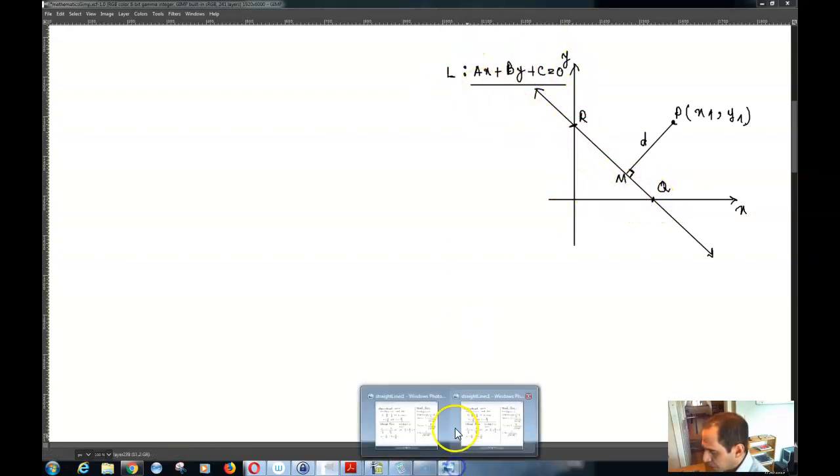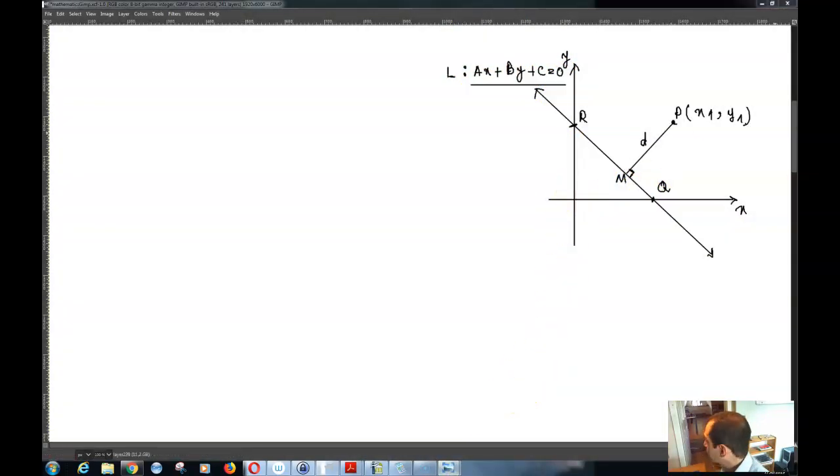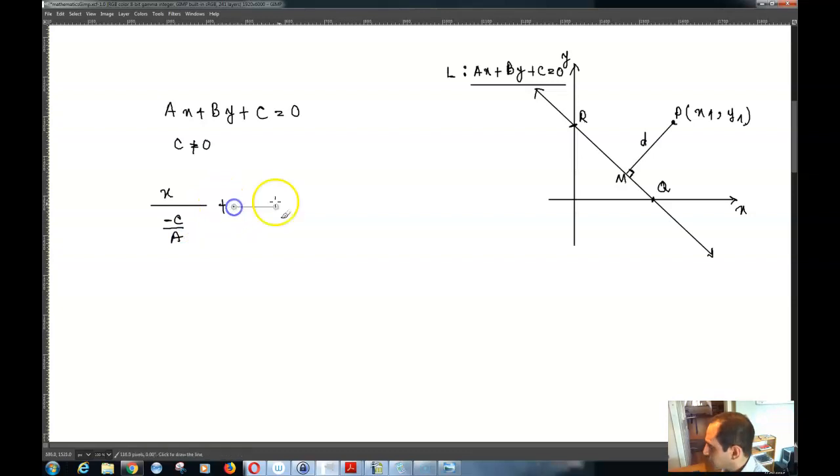In the previous section we talked about the x-intercept and the y-intercept of a line, and we said that when you have a line in the form ax plus by plus c is equal to 0, and in case c is not equal to 0, we rewrote the equation of the line in the form x over negative c over a plus y over negative c over b is equal to 1.